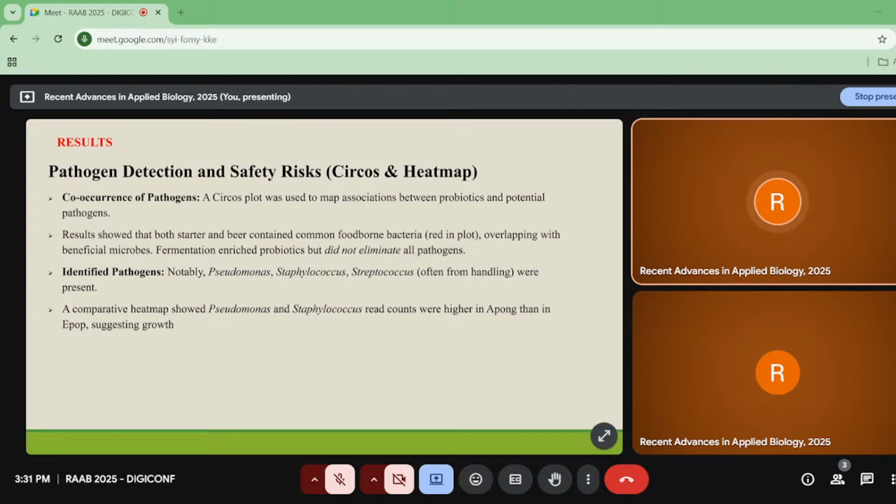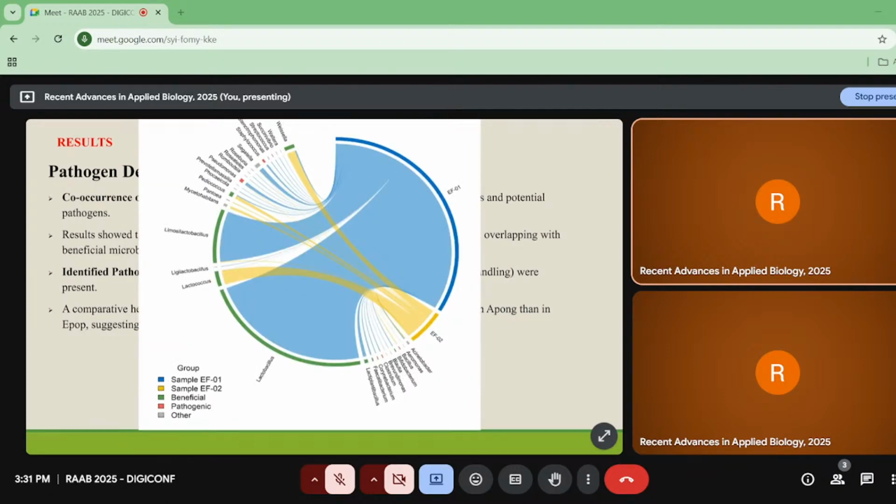When we created a chord plot, you can see in this figure that the blue color is EF1 and the yellow color is EF2. If you classify them, all the green is the beneficial or probiotic bacteria, and the red is the pathogenic ones. That means very few in number, because this is a fresh sample.